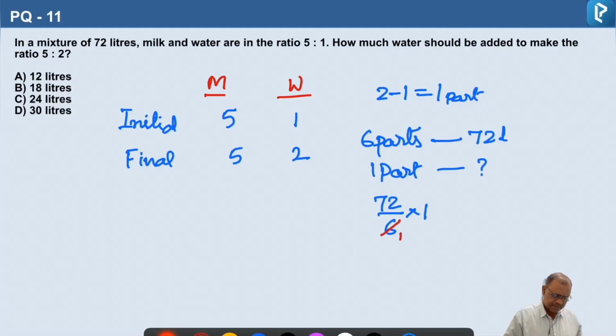This is 6 ones, 6 twelves. So the remaining is 12 into 1, that is 12 liters. So that means 12 liters of water is added so that the ratio of milk and water becomes 5:2. So the correct answer is option A.